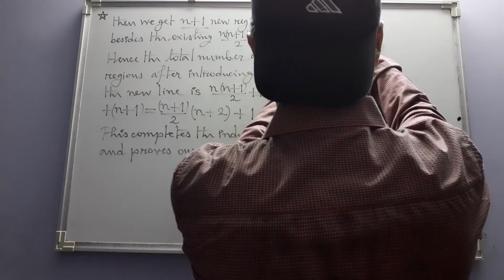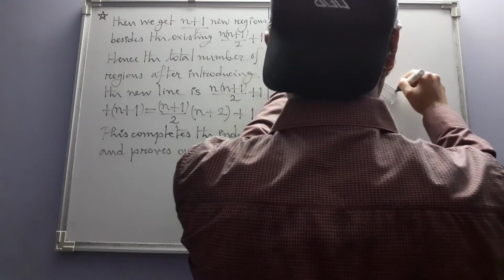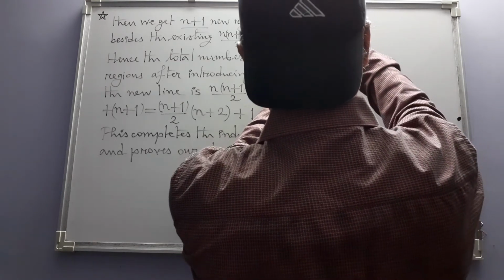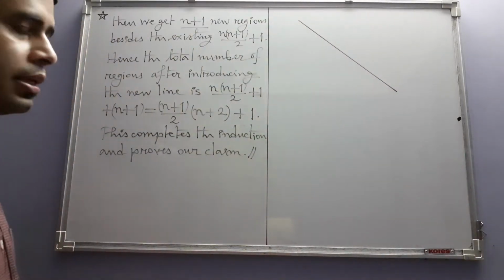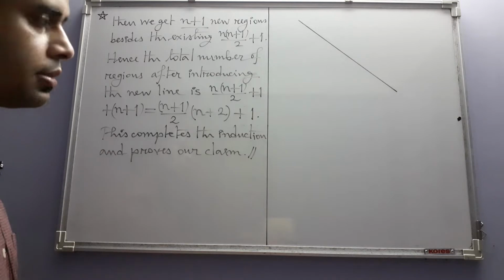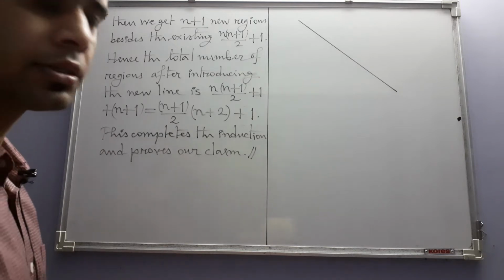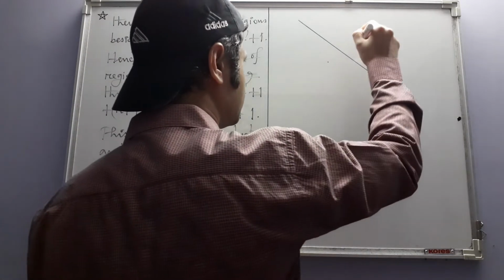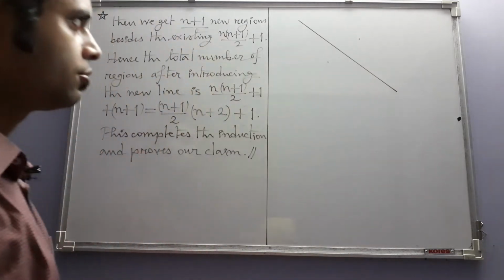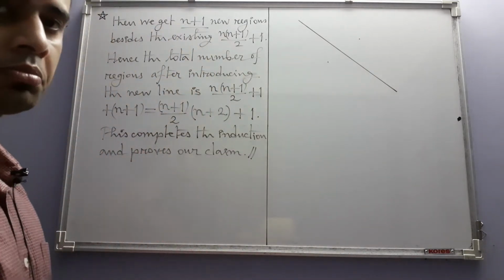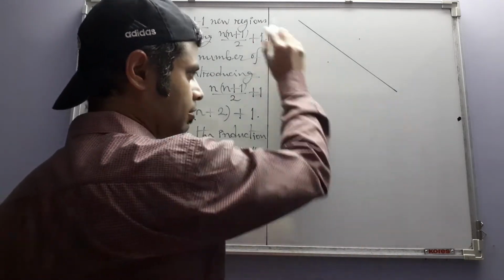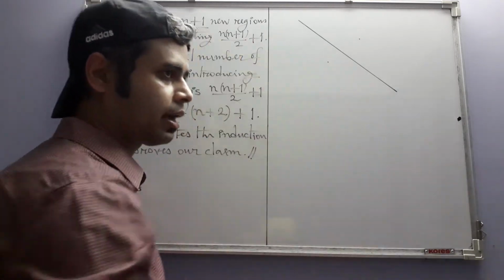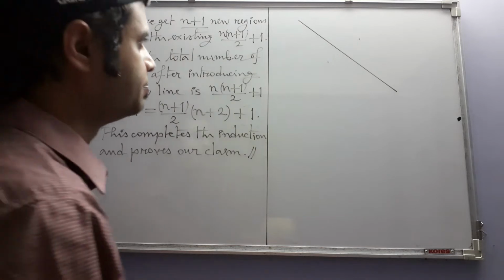So let us start with a single line. When you draw a single line, of course, the situation is so easy that it's almost trivial. There are exactly two regions. The line divides the plane into two regions, and you can understand that this line extends in either direction without any bound.